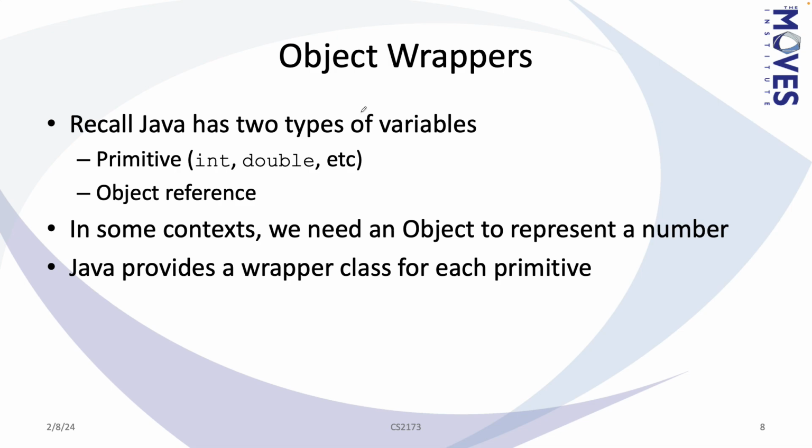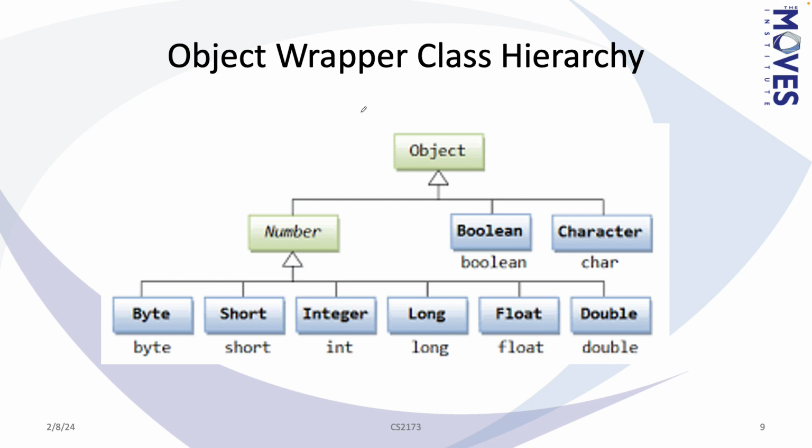So actually, right from the beginning, Java provided a wrapper class for each primitive. This is the class hierarchy. Remember, Object is the granddaddy of them all. It has three immediate subclasses: Number, Boolean, and Character.